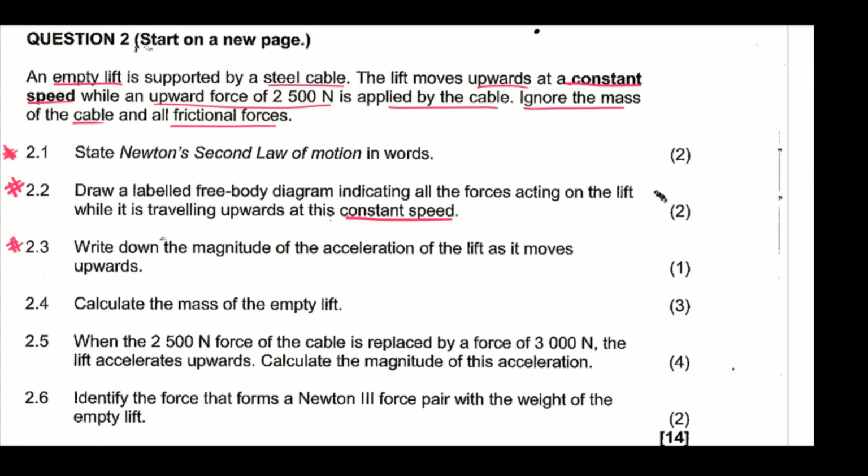2.3, write down the magnitude of acceleration of the lift as it moves upwards. Remember, they said acceleration, they didn't say gravitational acceleration. The object is moving in the direction which is up, so meaning there's only one acceleration acting on this body, the gravitational acceleration, which has the force of gravity being F of g.